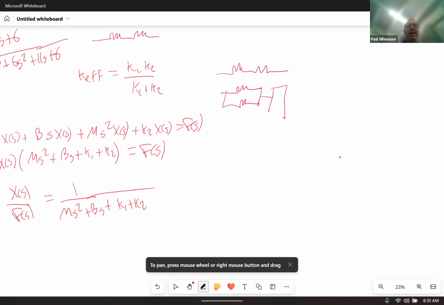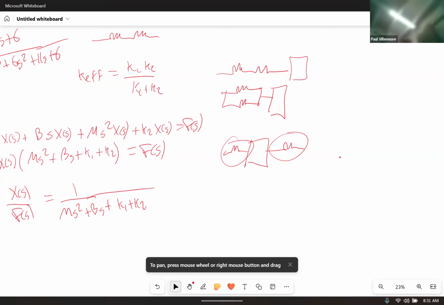These are both impacting that same mass, but the mass resets everything. What happens over here has nothing to do with that. That spring is not opposing that other spring from being compressed or elongated. It's opposing the mass from moving in one direction or the other. So it's not really a K equivalent. They're two completely separate springs.